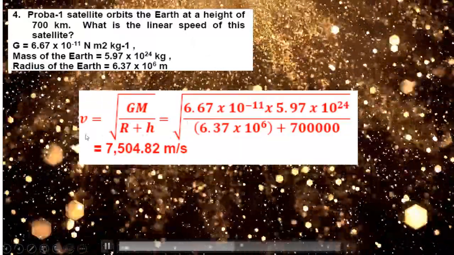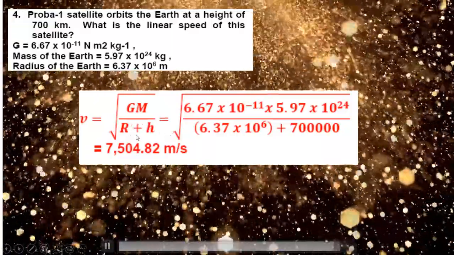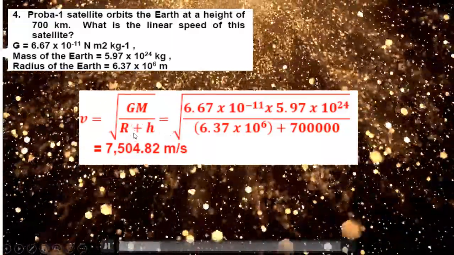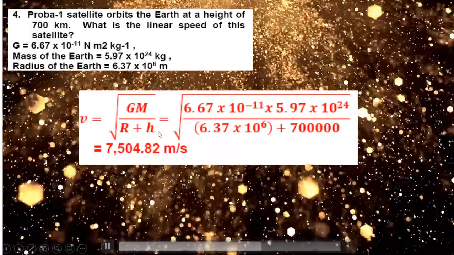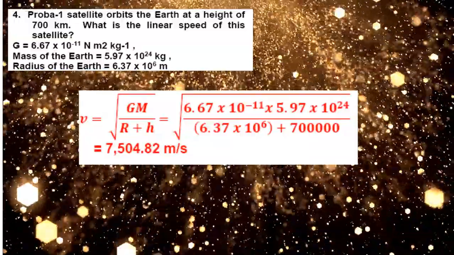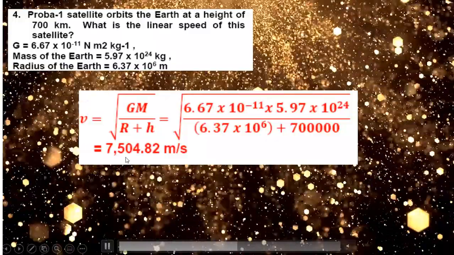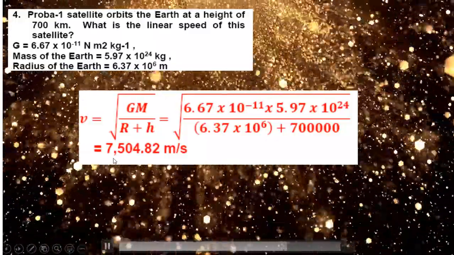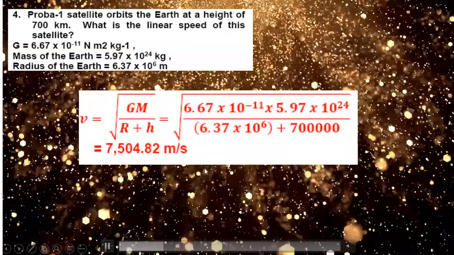For linear speed, it is the square root of GM over r, where r is the radius of the Earth plus the height of the satellite from the Earth. So you insert all the information, and the answer is 7,504.82 meters per second.